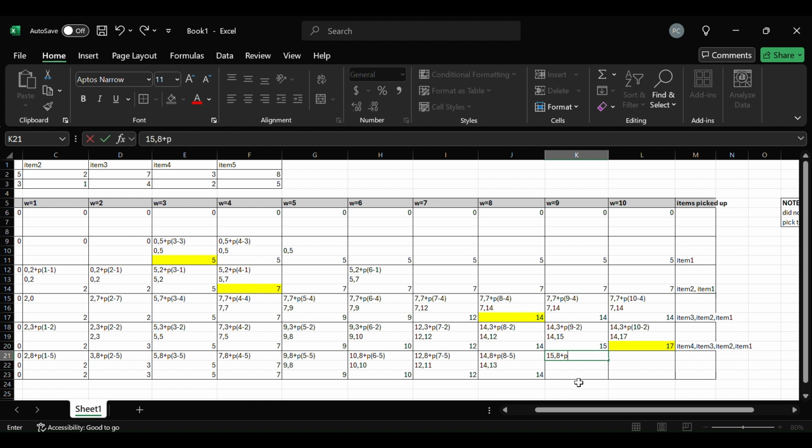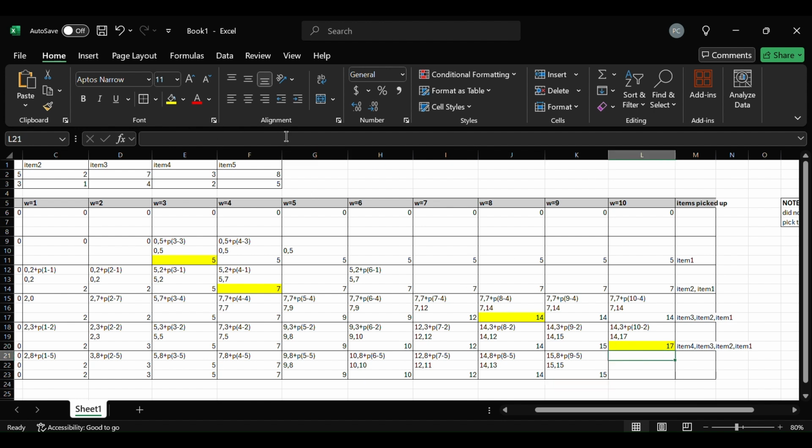And then 8 plus profit of the remainder is 9 minus 5. So 15 versus P of 4. Go up, go to 4. So it will be 8 plus P of 4 is 7. So that could be 15 or 15. Alright, since it's the same, it doesn't really matter. Our max will be 15.